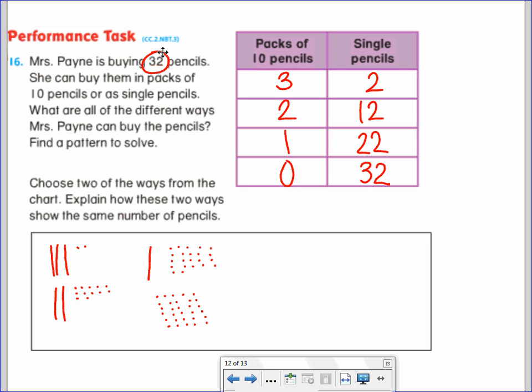Five, 10, 15, 20, 25, 30, 31, 32. There's all your ways. So they all show 32. That's why they're the same amount. We don't change the number. And that's our review lesson for chapter 1.